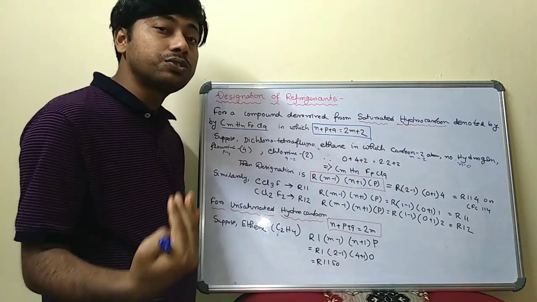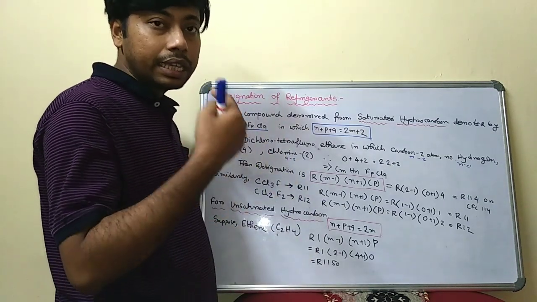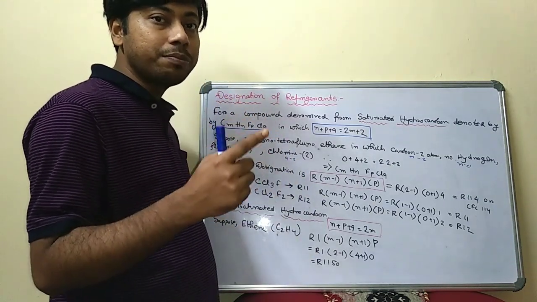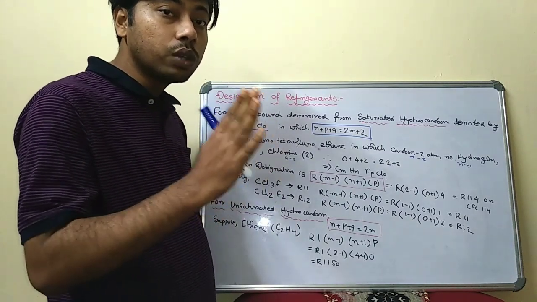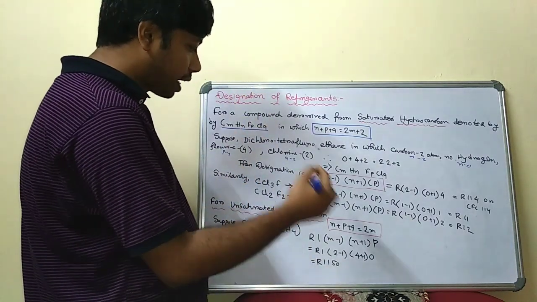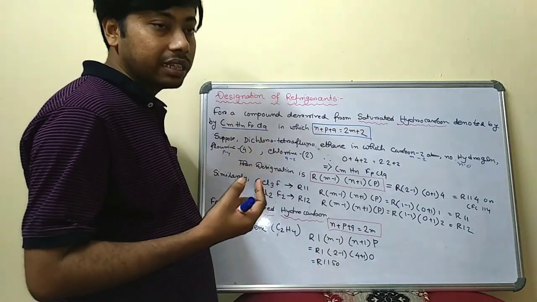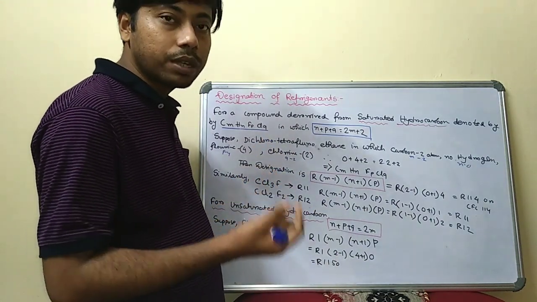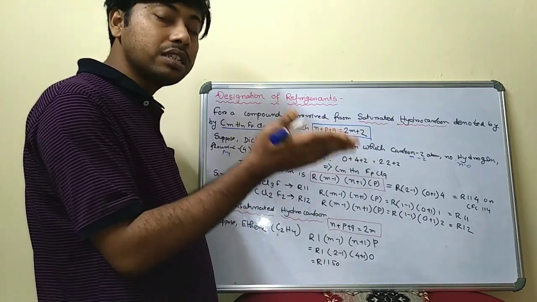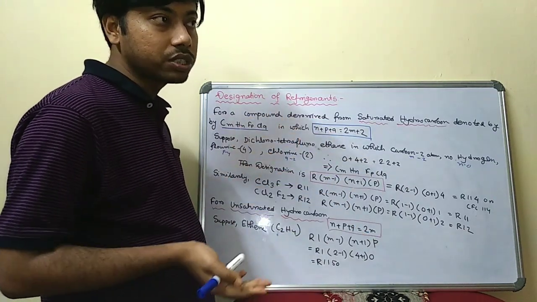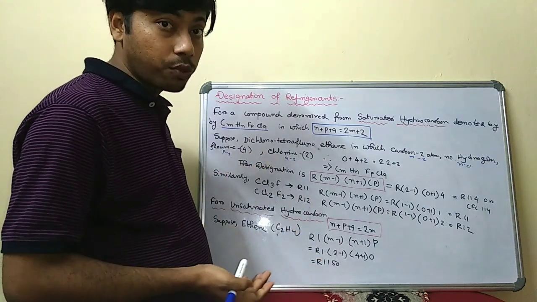If it is an unsaturated hydrocarbon, that means it follows N plus P plus Q is equal to 2M, not 2M plus 2. Suppose ethene, C2H4, as you know, is a type of refrigerant, an inorganic one, used in commercial industrial applications, and it is highly explosive.